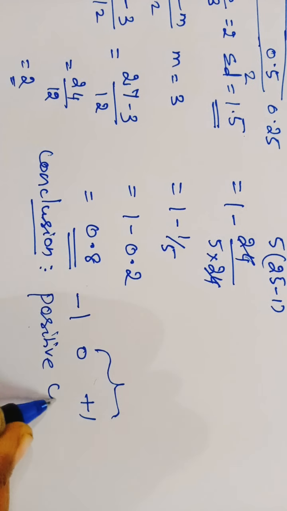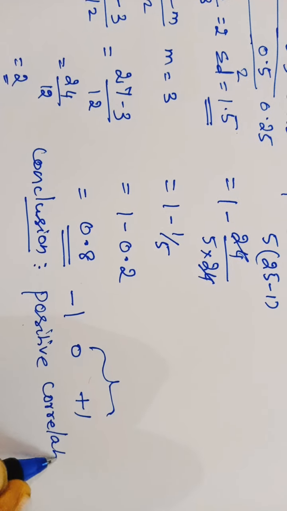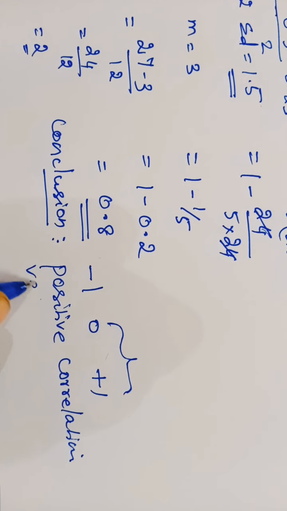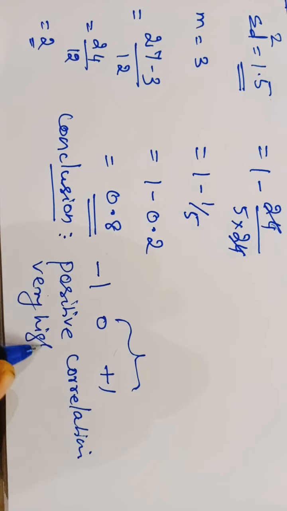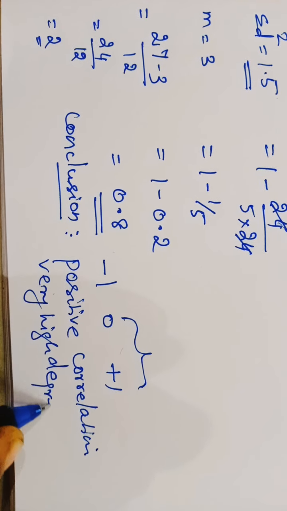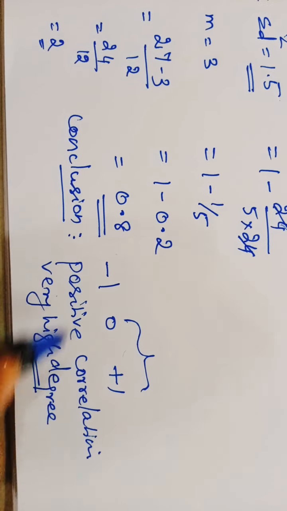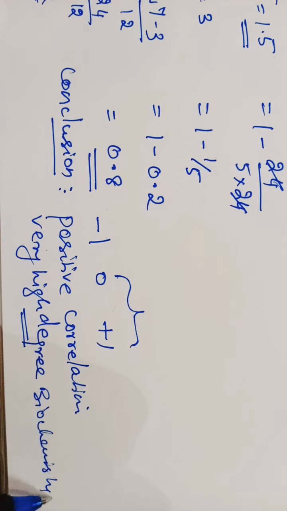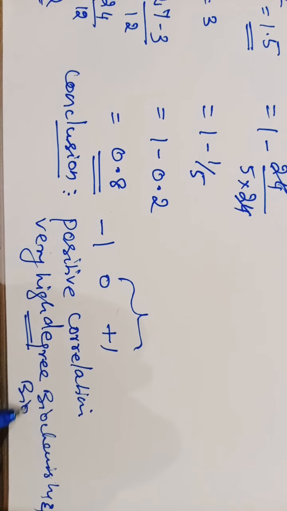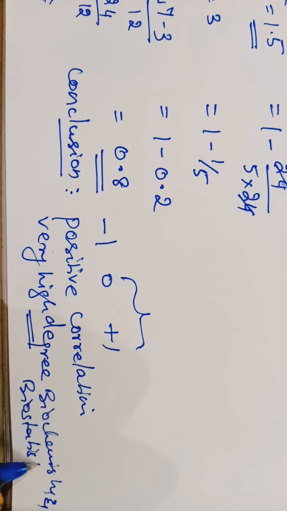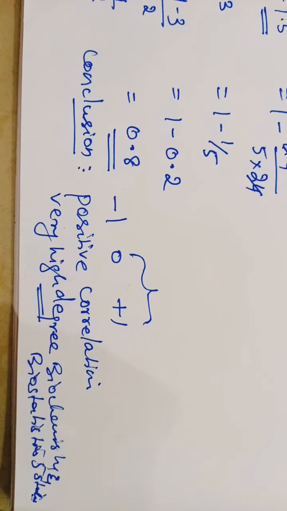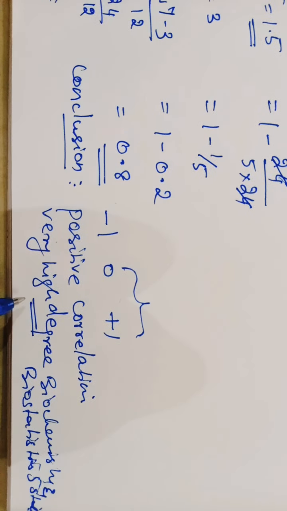That too, 0.8, meaning 0.75 to plus 1, is a very high degree of positive correlation between biochemistry and biostatistics scores of 5 students in the class. This is the conclusion you are supposed to write.